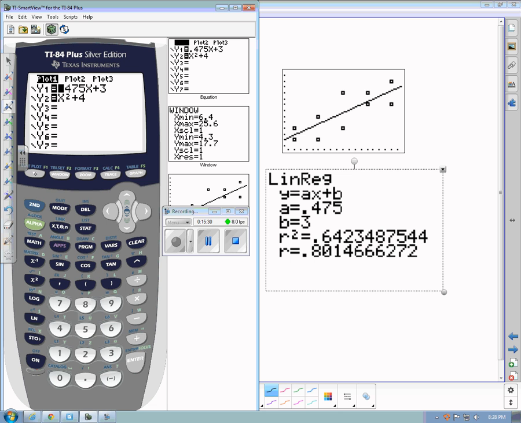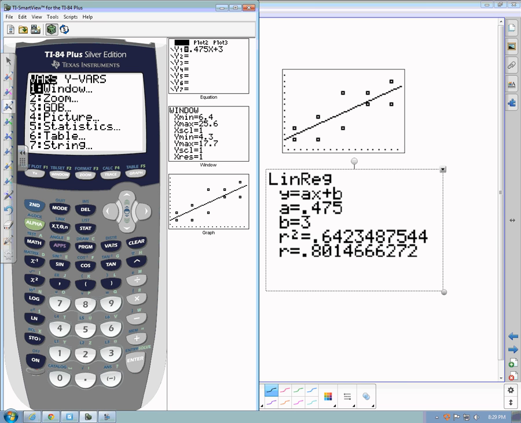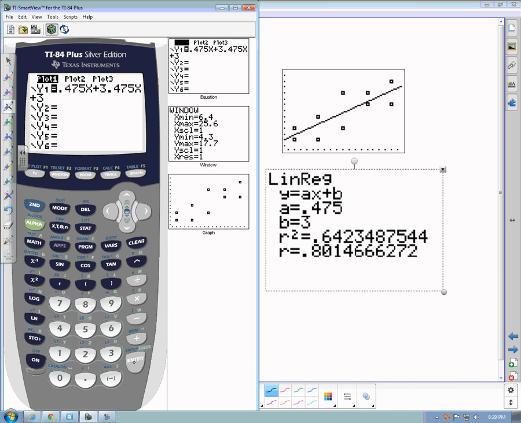And I've already done that, so it should be okay. But in order to get this in here, first let me clear this one out. And then after you get up into here, you have to go to vars, down to number 5, over to EQ, and then number 1, and hit enter, and it would be there.